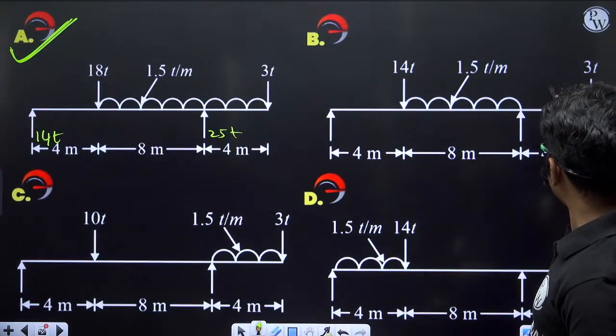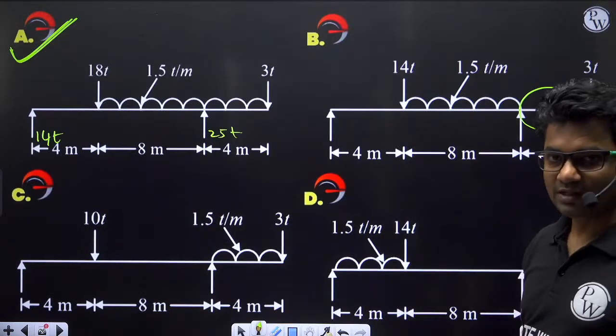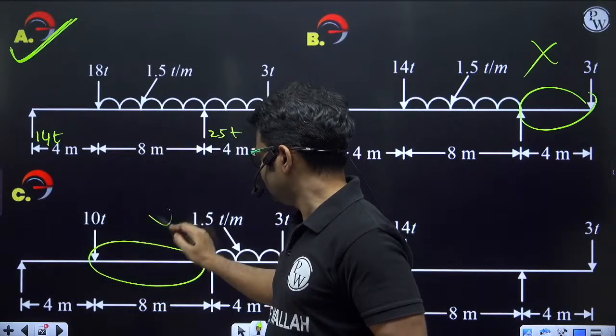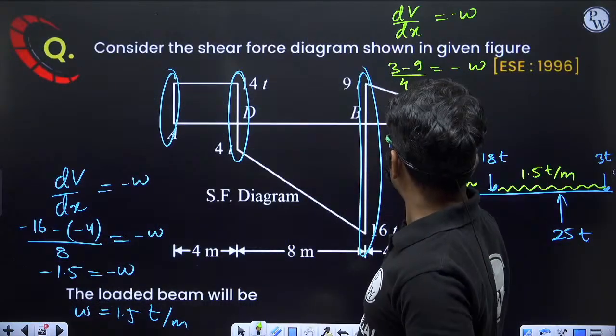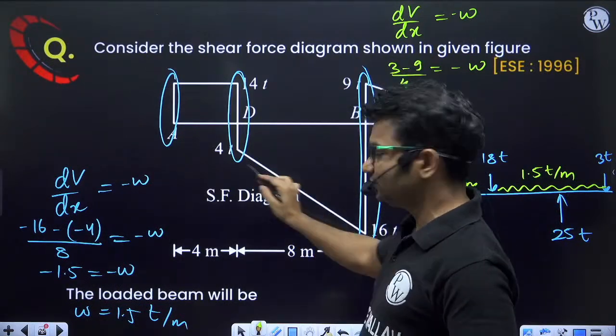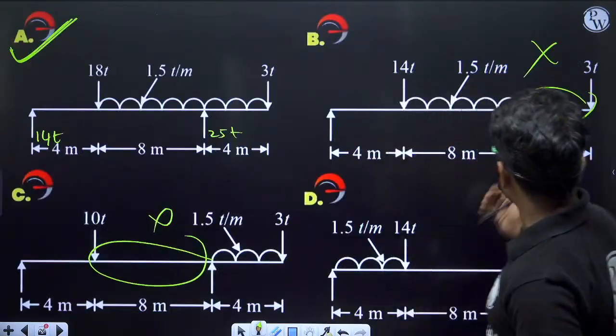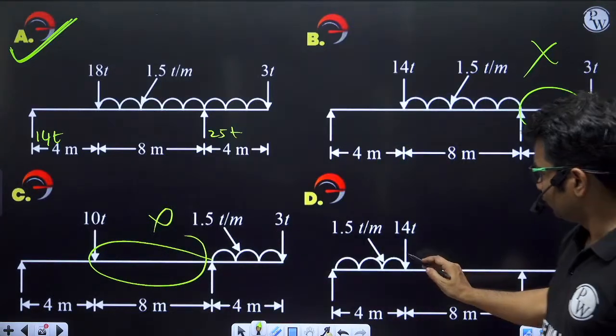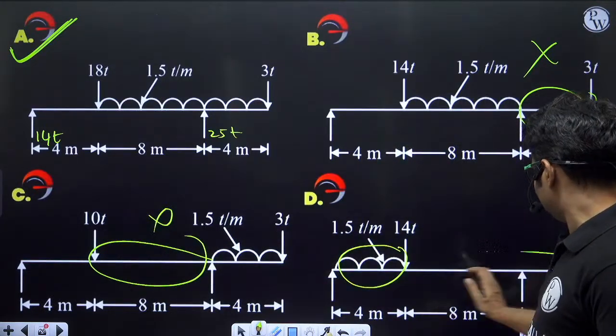See, here in this region there is no UDL, gone. In this region there is no UDL, gone. We can see that here we are having sloping line, so there should be UDL. Here there is sloping line, so there should be UDL. So in this region there is no UDL, and here UDL is present, but in this region UDL is not present.